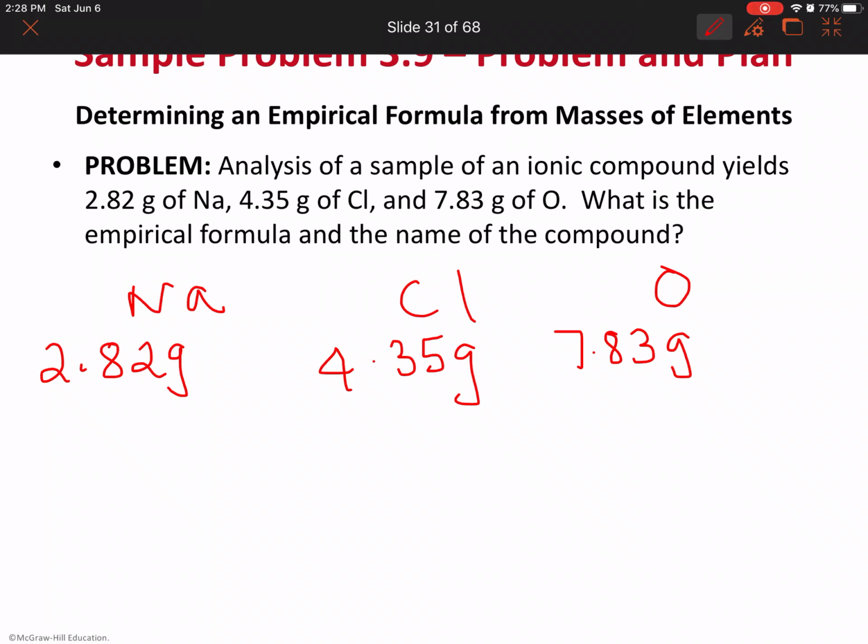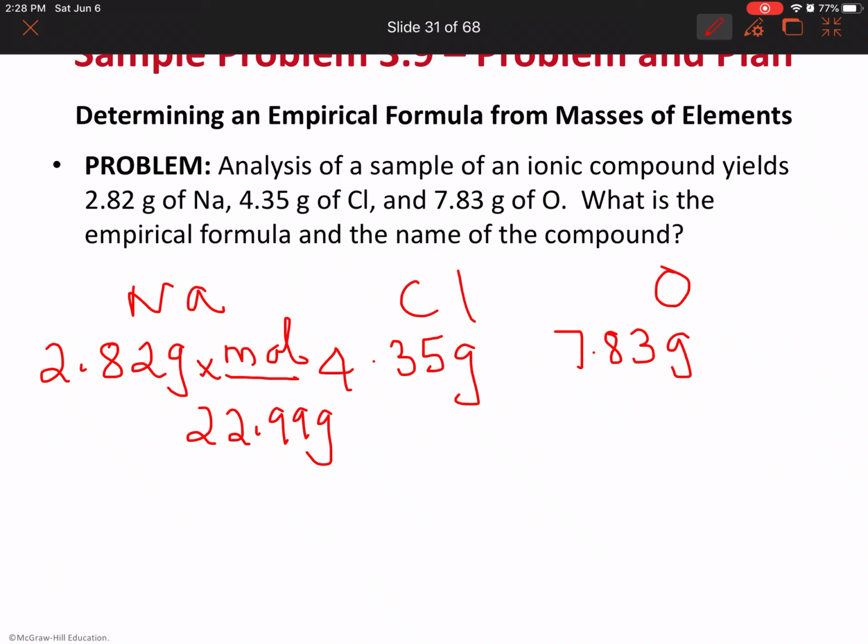How do you convert grams to moles? You know that now. Using the molar mass, right? Grams to moles. So the molar mass of sodium is 23, so 1 mole of sodium is 22.99 grams. So this will convert sodium grams into moles.